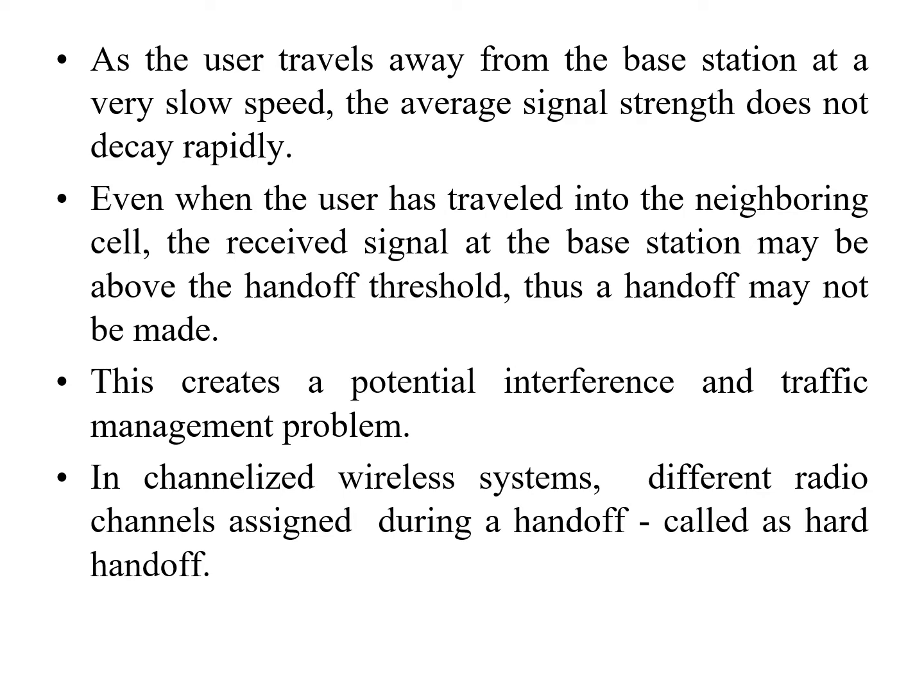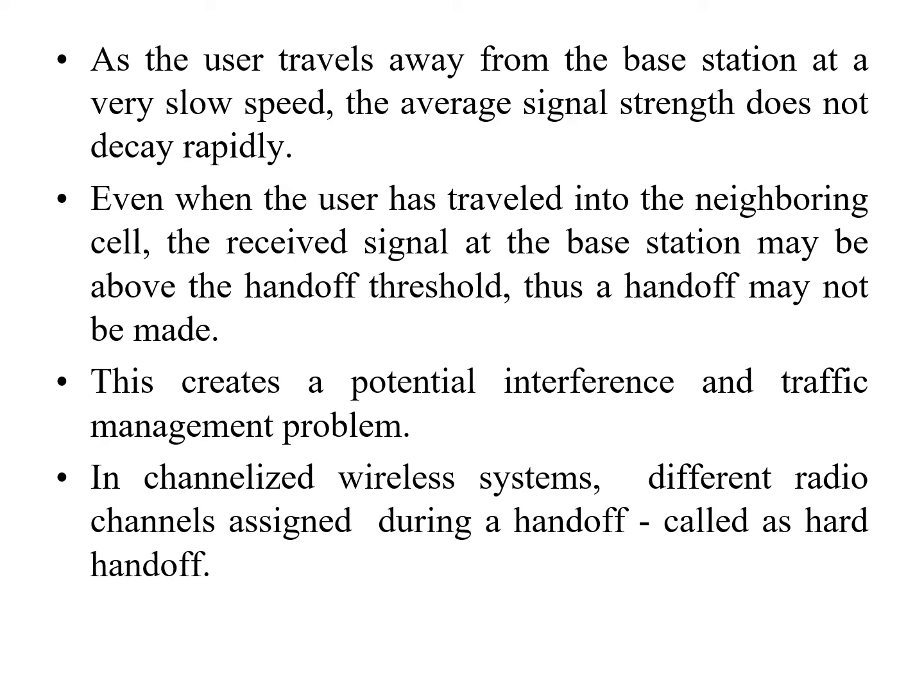As the user moves away from the base station at a very low speed, the average signal strength does not decay rapidly. Even when the user has traveled into the neighboring cell, the received signal at the base station may be above the handoff threshold, thus a handoff may not be made. This creates a potential interference and traffic management problem.